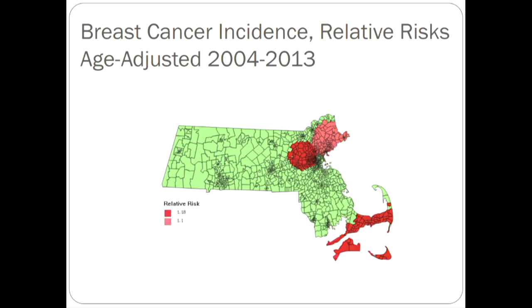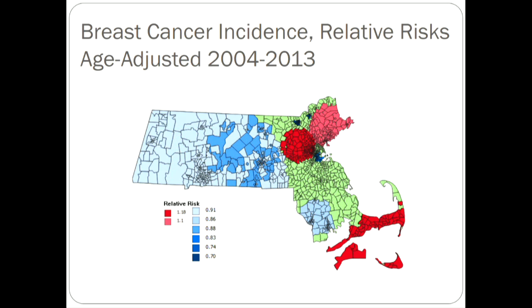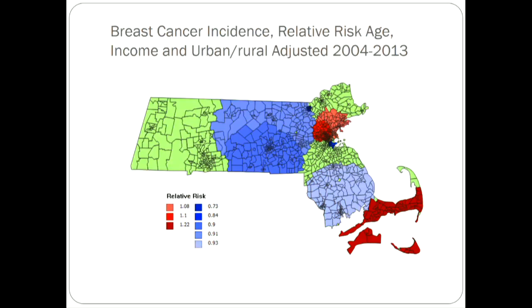Okay. So this is the breast cancer incidence relative risk, age adjusted. This is only the higher rate, and we put this in the map and output those into the map data. Well, I still have 10 minutes here. Then this is the high and lower rate in the map data.